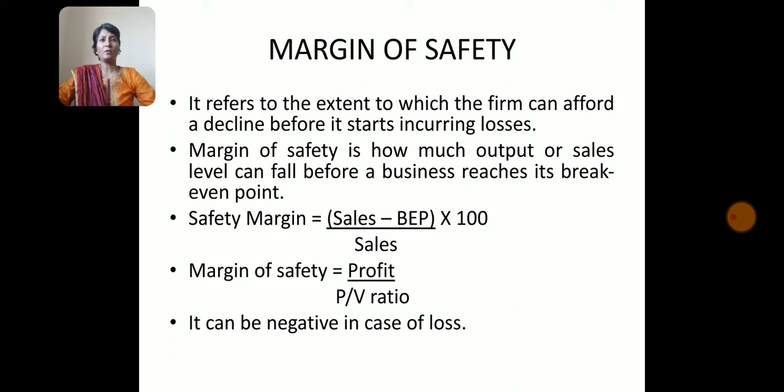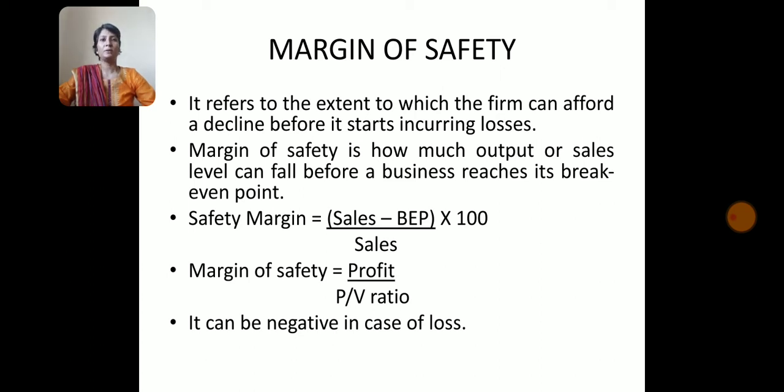It is calculated as safety margin is equal to sales minus break-even point divided by sales into 100, or as we saw in the PV ratio benefits, margin of safety can also be calculated as profit divided by PV ratio.